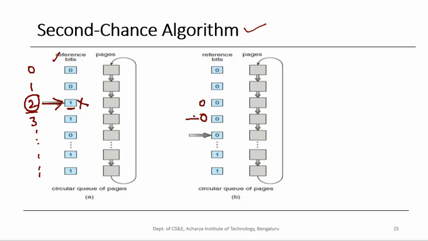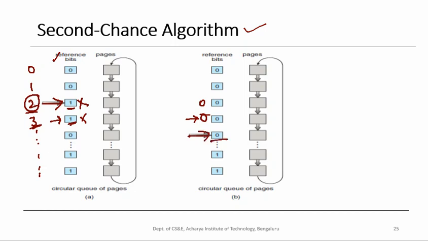And then we go to the next reference bit. Look at the value of the next reference bit that is associated with page 3, and that is also 1. So that means that this page is also accessed or referenced by the CPU. Therefore we simply make this also 0 and go to the next reference bit.